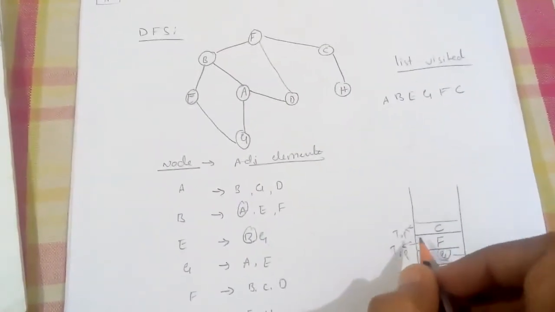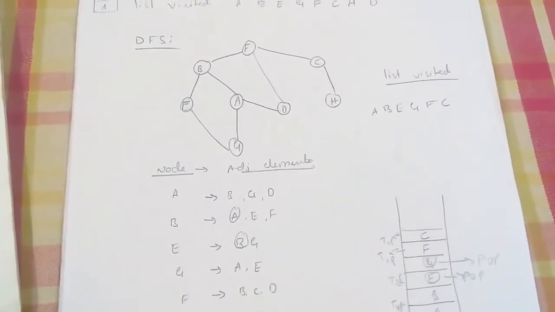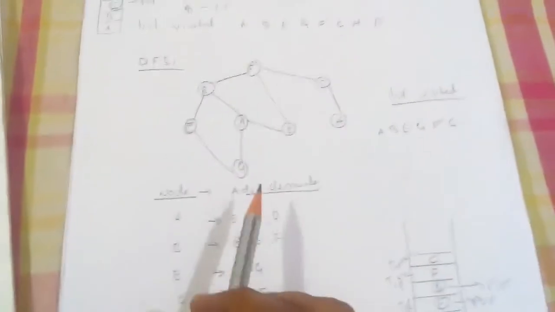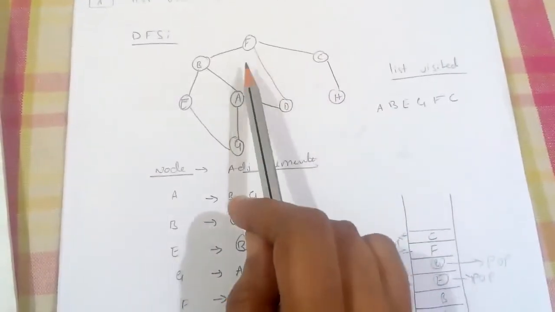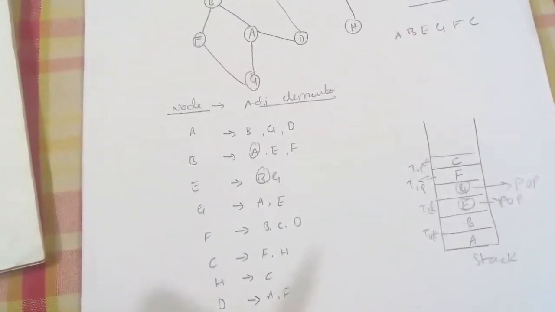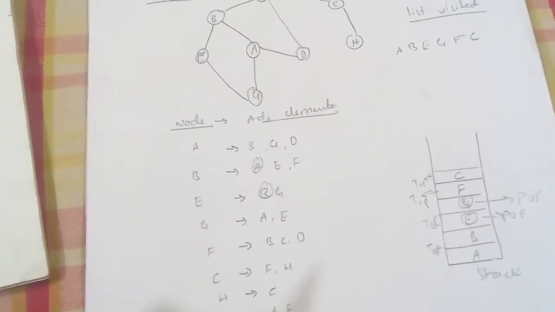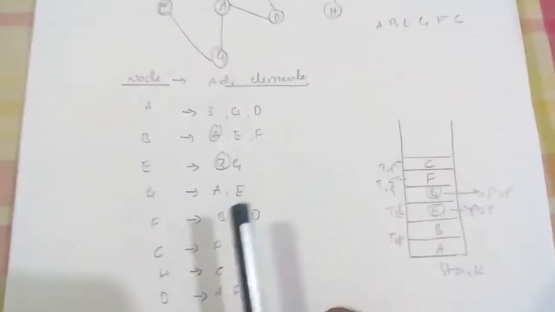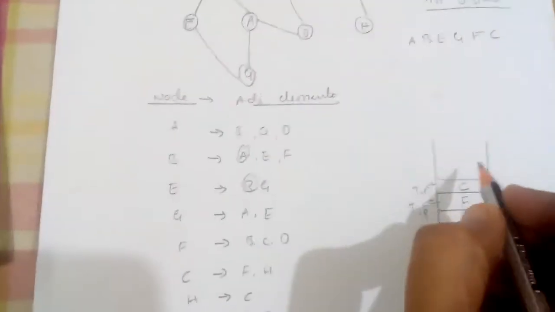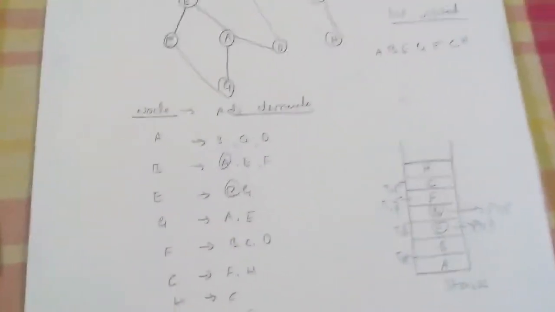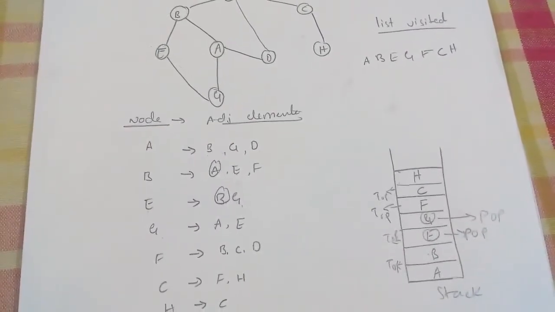Now C is on the top of the stack. The adjacent nodes of C are F and H. F is already visited, so the unvisited node of C is H. Now H is pushed onto the stack and added to the visited list.